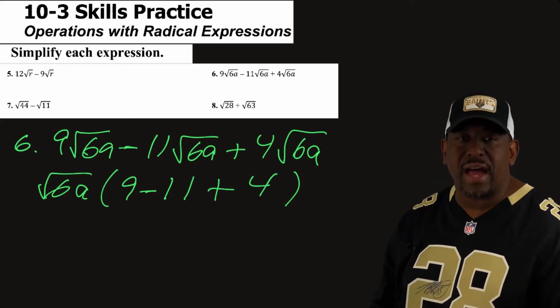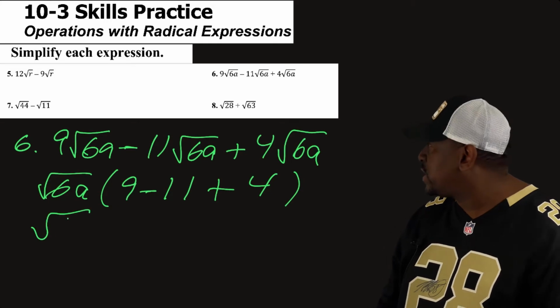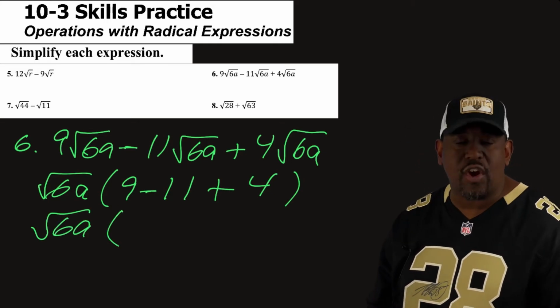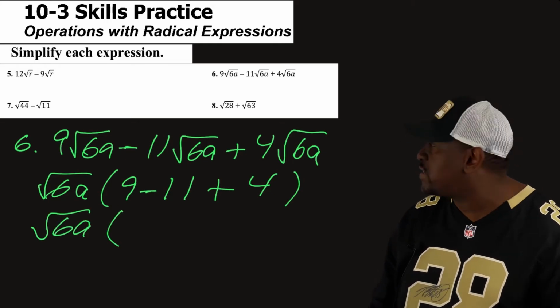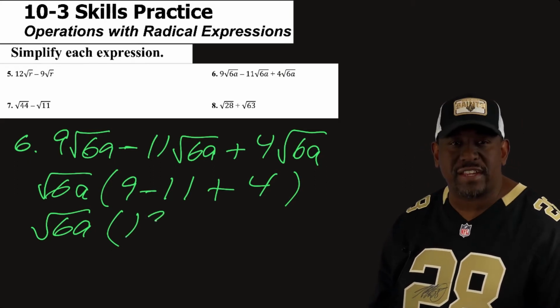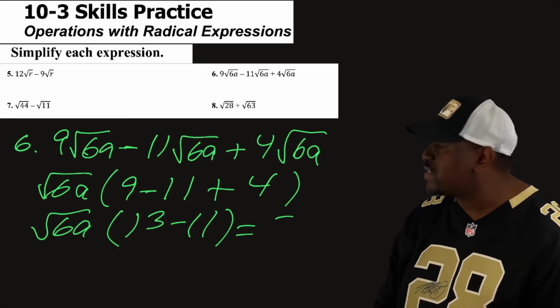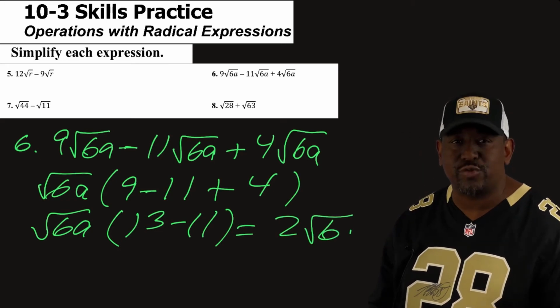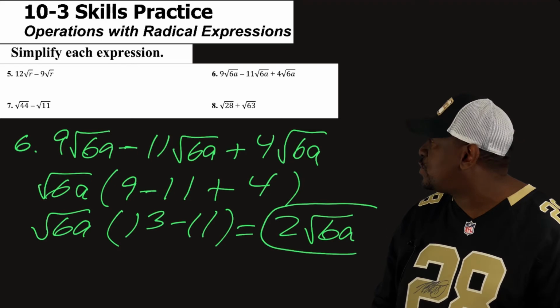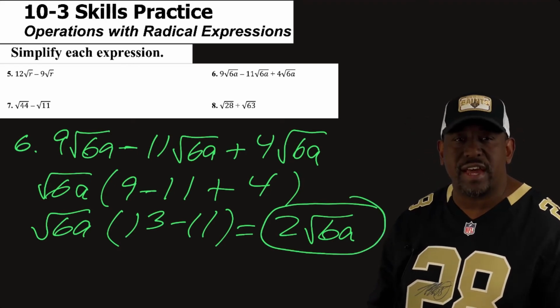We combine 9 plus 4, which is 13, and we subtract 11 from 13, which is 2. So your final answer is 2 times the square root of 6a.